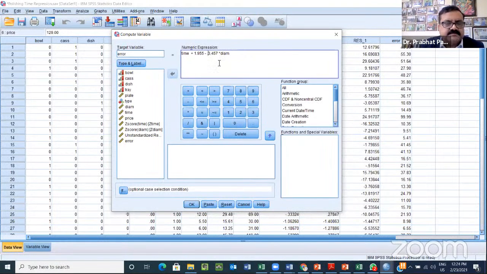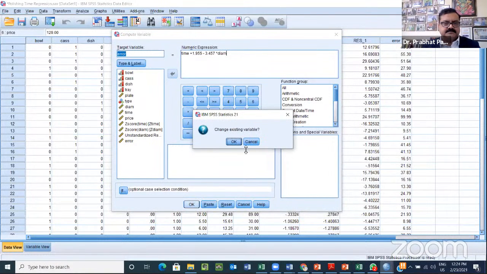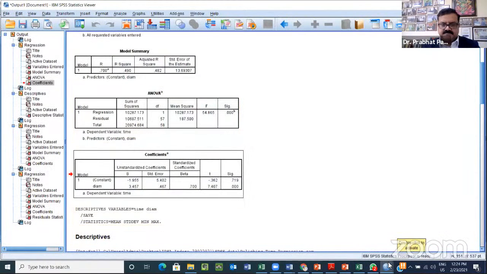Sorry. Oh, okay. So this decimal will go, and this is going to be 3.47. Is this correct now? Yes, sir. Can you check again? Is this correct? Yeah, let's try. Change the existing variable. Okay.